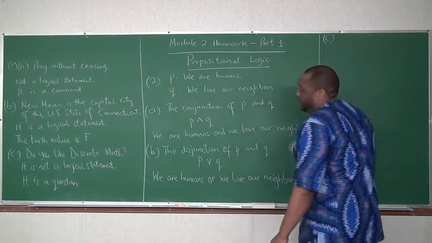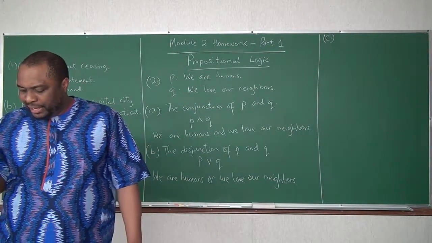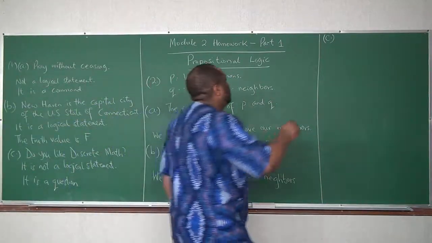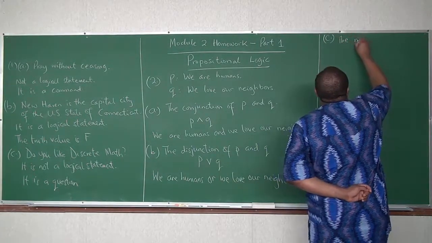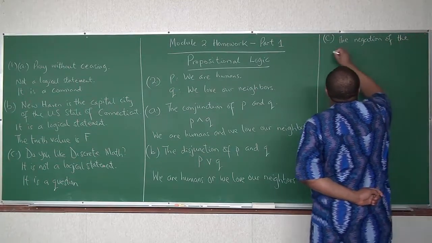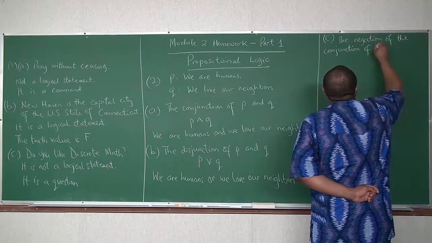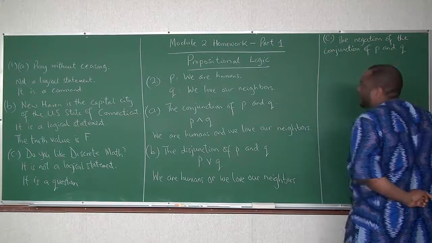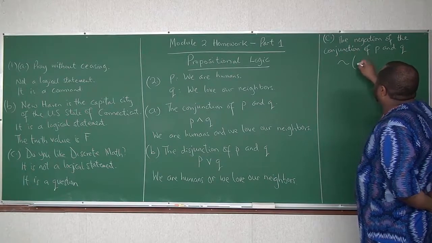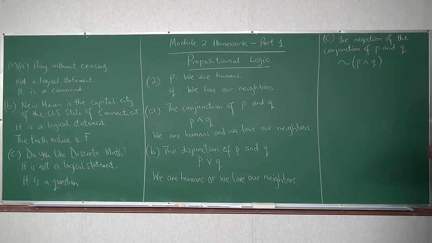C, the negation of the conjunction of P and Q. So this will be negation, then P and Q, but it has to be in parentheses.